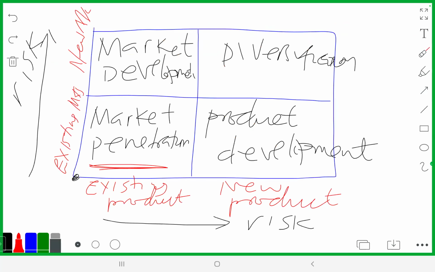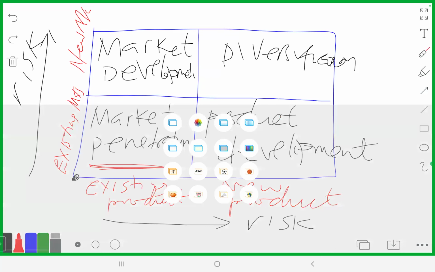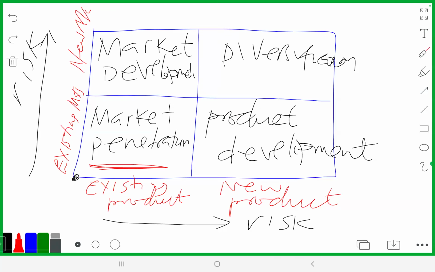Are you able to see the matrix that we are looking at? So this is the new matrix that we are looking at. We are going to pick the first one, which is market penetration. This is the first quadrant.